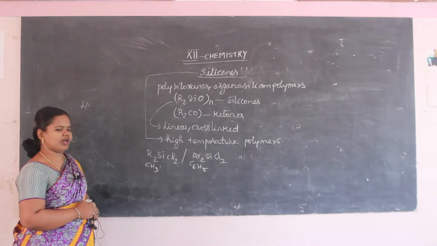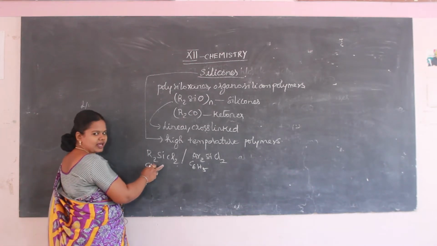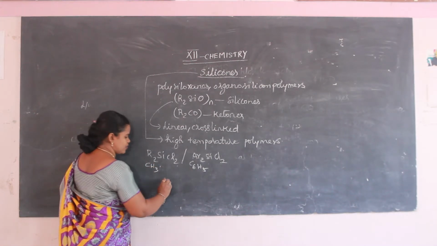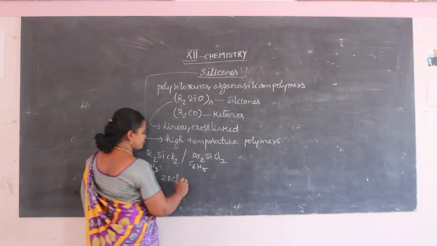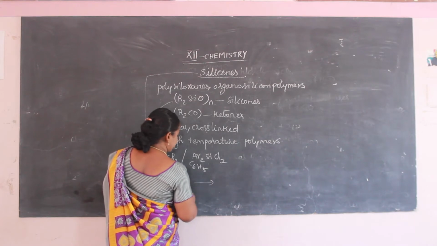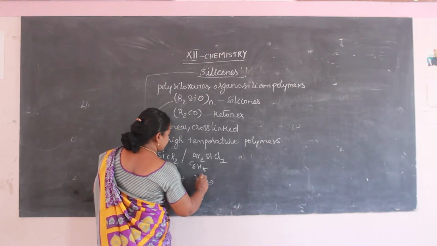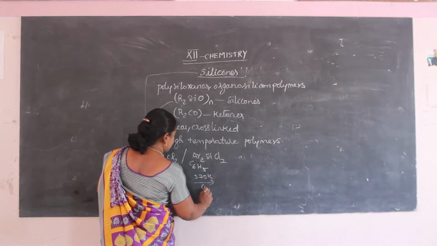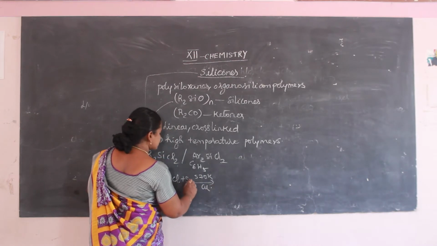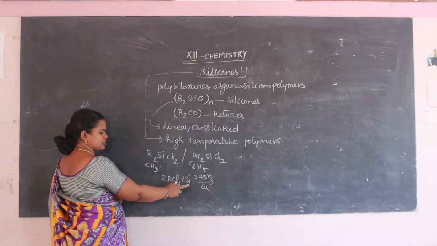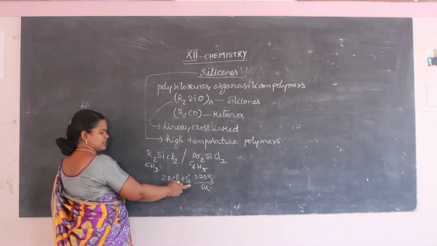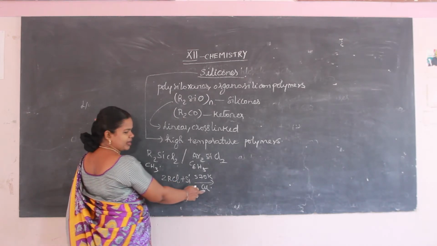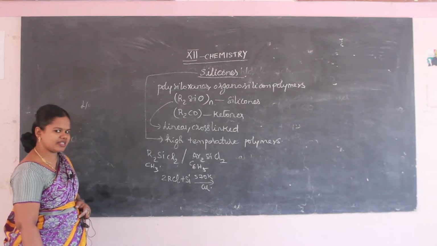How can we prepare dialkyl dichlorosilanes? By treating silicon with alkyl chloride, RCl, in the presence of copper as catalyst, heated at 570 Kelvin.